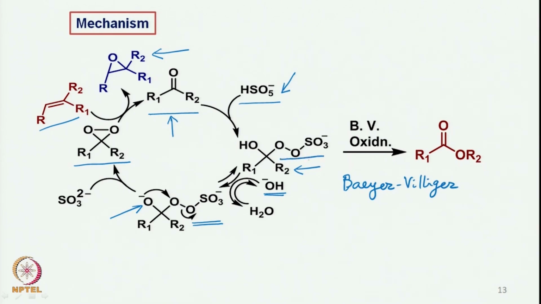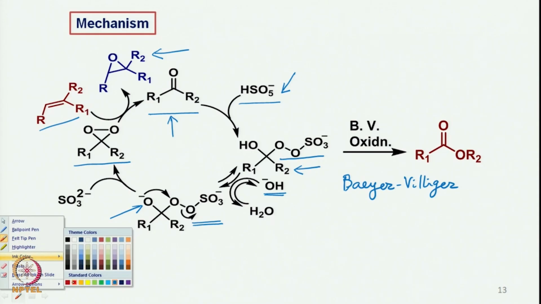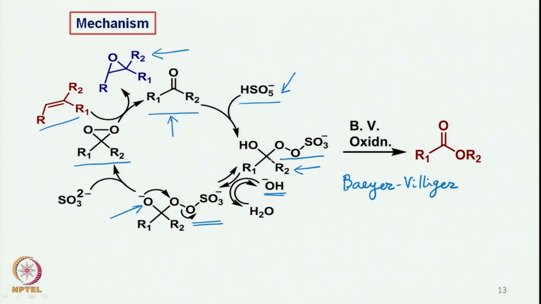So, if this is a leaving group, then there is a possibility that the R2 group or R1, one of the two groups, can migrate from here, and this can go forming an intermediate of this type, where you have a possibility of positive charge being formed.